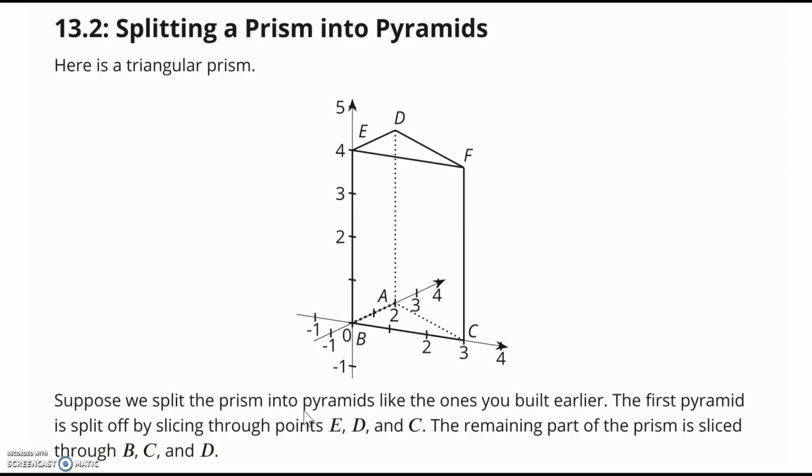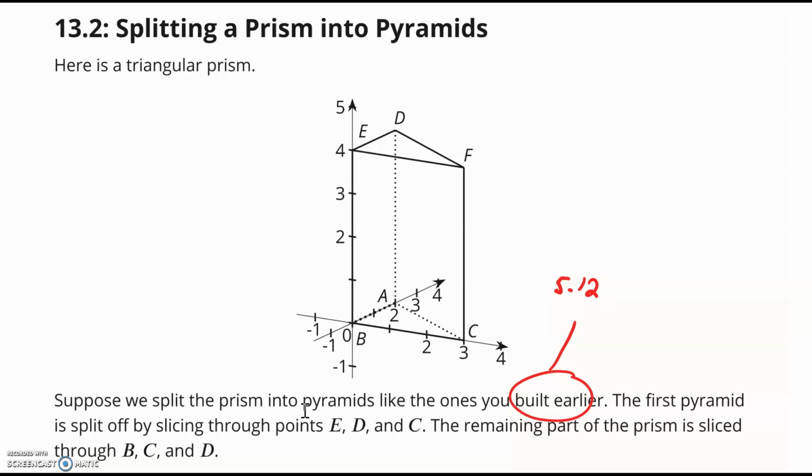Suppose we split the prism into pyramids like the ones we built earlier. Now, the ones we built earlier, hopefully you took advantage of the extra credit that was offered in lesson 5.12, because building those pyramids is a good representation of what we have here.